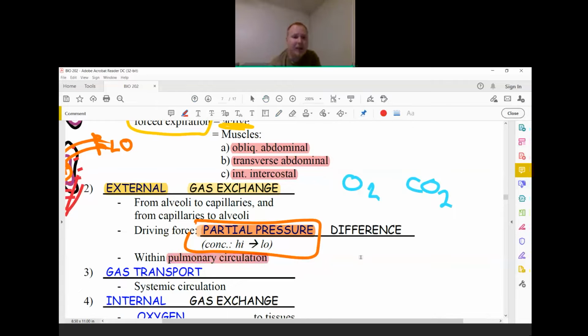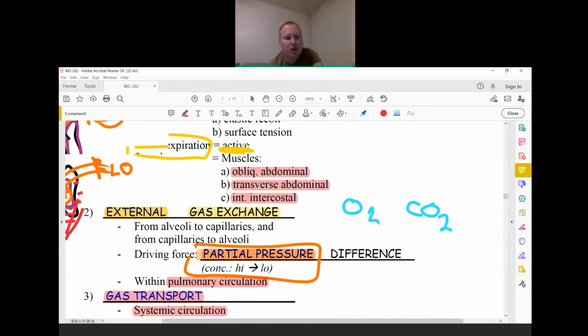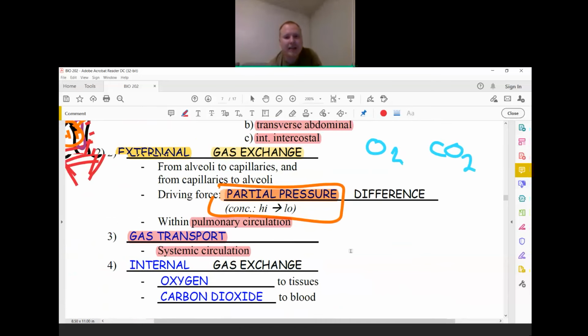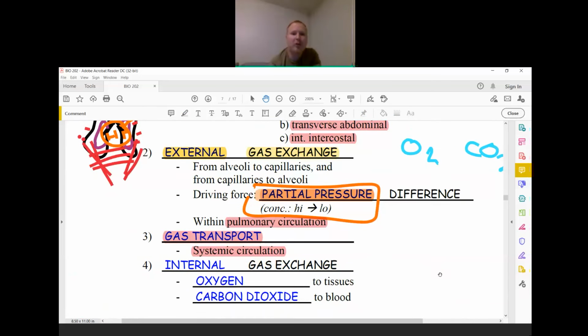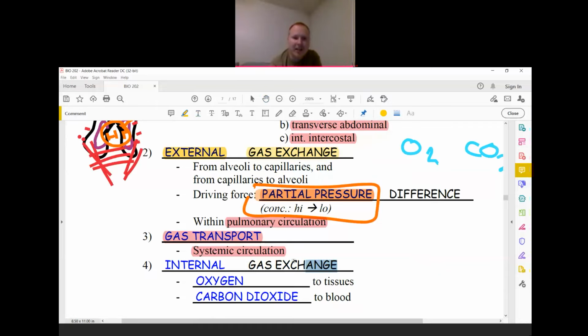Well, the next step is going to be gas transport. So that's now our systemic circulation that moves the gases around. They travel now to the rest of the body, and they eventually reach tissues or interstitial space. And we're now going to do the internal gas exchange. What happens in internal gas exchange is that the gases move in pretty much the opposite direction to what we saw before.